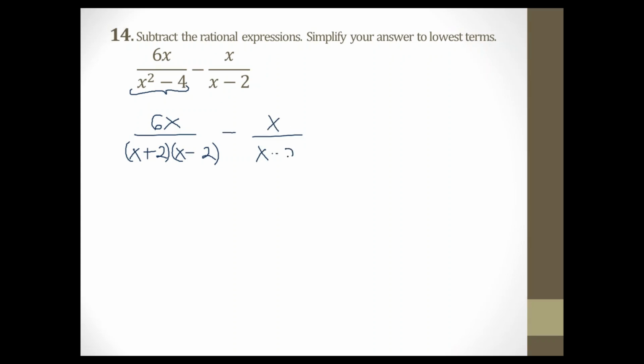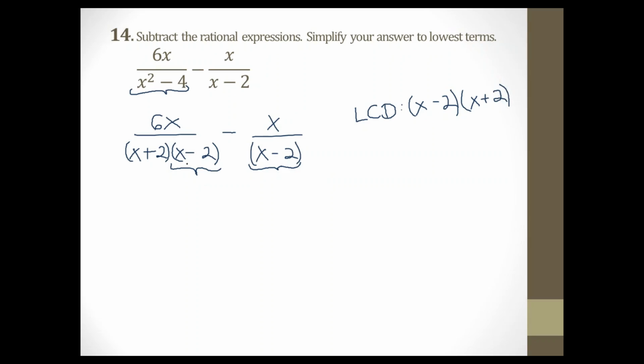Now, as you may see, the two denominators have something in common, and that would be the x minus 2. So for the least common denominator, we definitely need that part, but then also because this one has x plus 2, that would also be part of the least common denominator. It is a combination of both of them. Both of these need to go into the least common denominator.